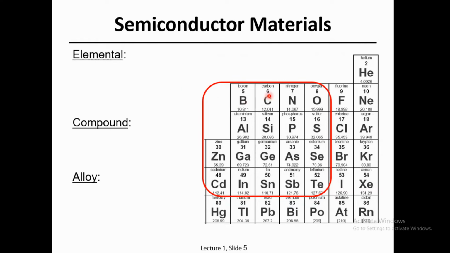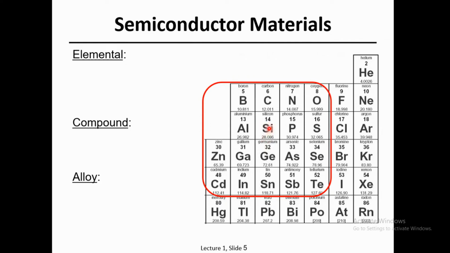The elemental is such as carbon, silicon, germanium, and so on. So these semiconductor materials are used in most electronic devices, where you will have silicon or germanium being used for transistor, for diode.